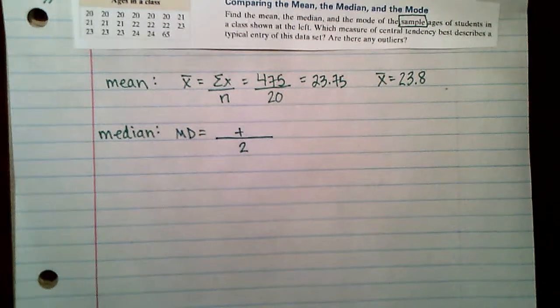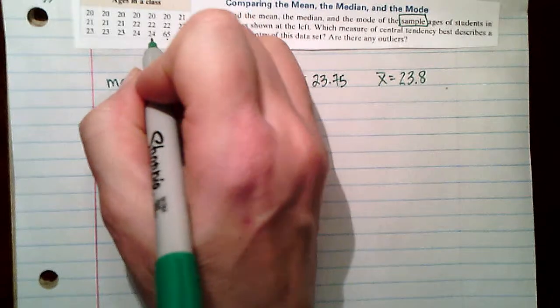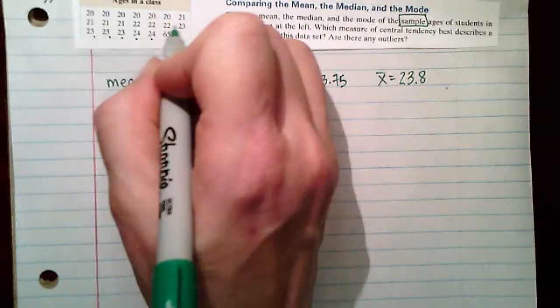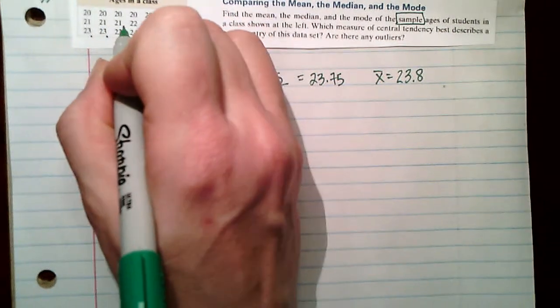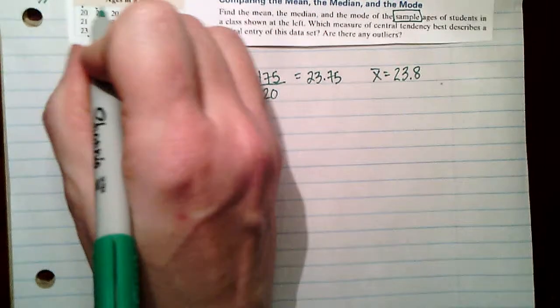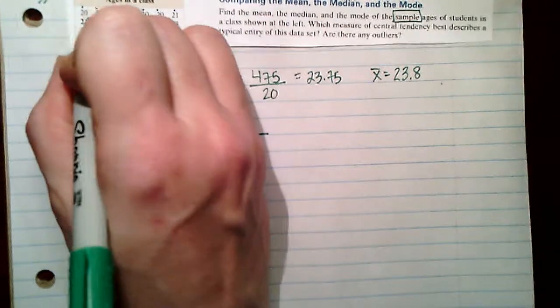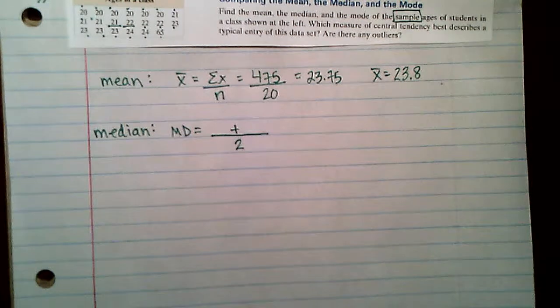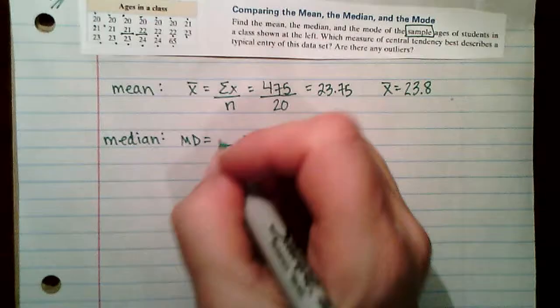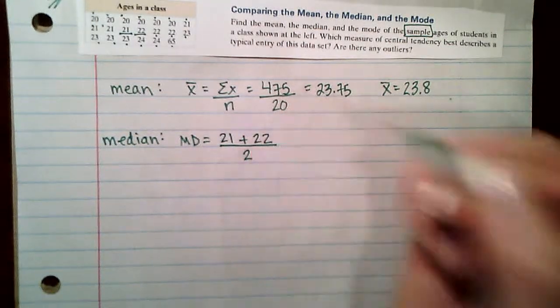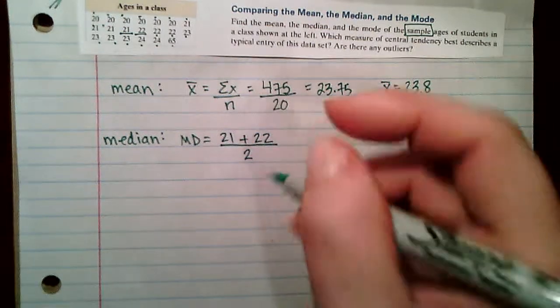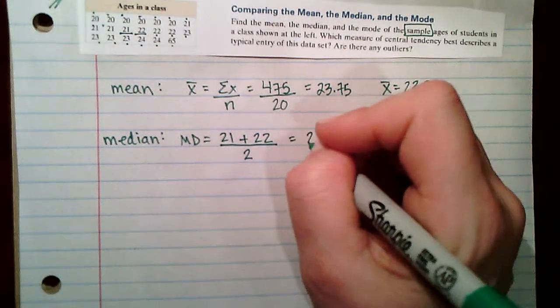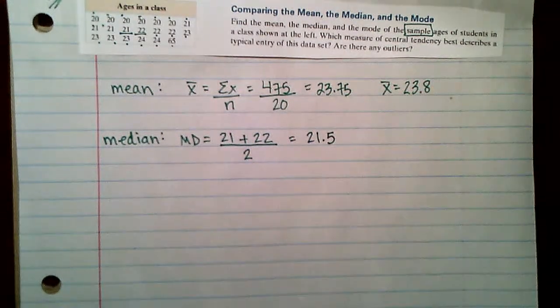Knowing that we have 20, I can count 1, 2, 3, 4, 5, 6, 7, 8, 9, 10, and 1, 2, 3, 4, 5, 6, 7, 8, 9, 10. So my two middle numbers are 21 and 22. I'll do 21 plus 22 divided by 2, which is 21.5. So there's my median.